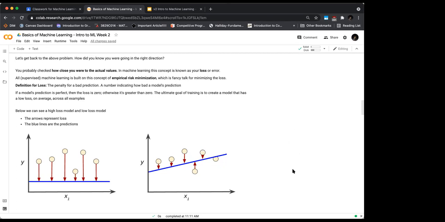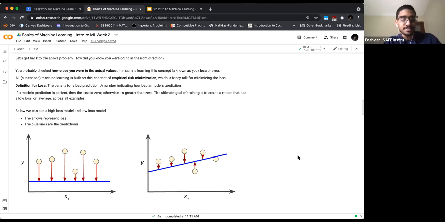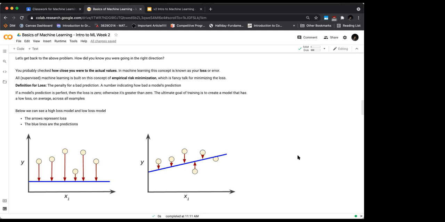For machine learning, you teach machines to do stuff, right? But how do you apply this to that? We'll get to that. Sorry, give me a second.